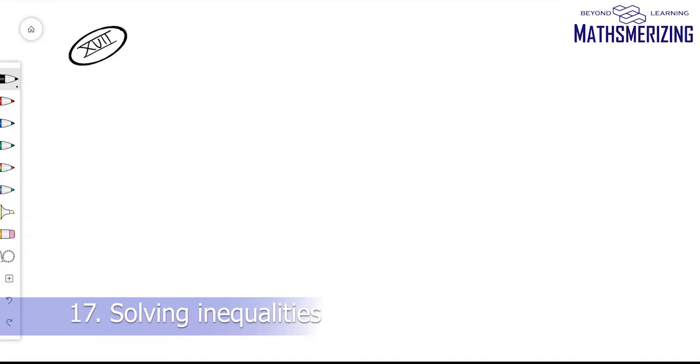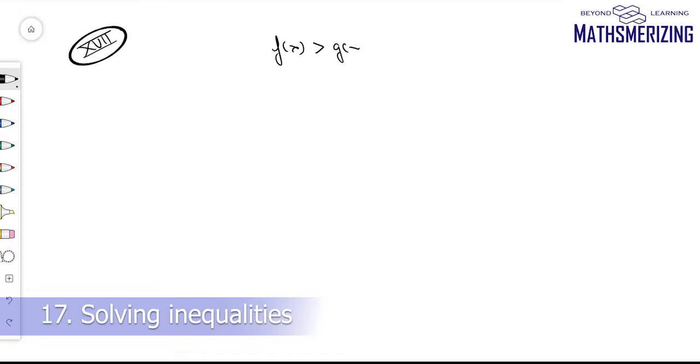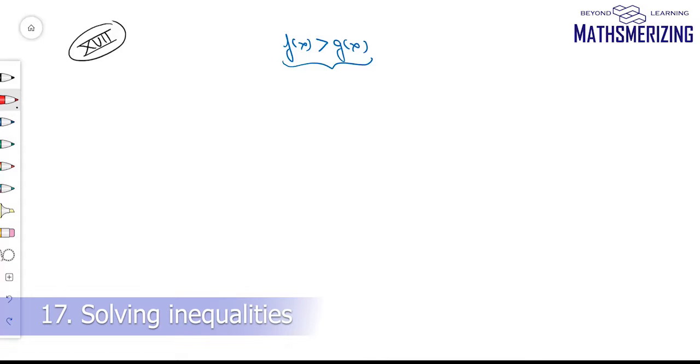Now the 17th application of graphs is the solution of inequalities. Suppose I have an inequality which says f(x) is greater than g(x). One way of doing it can be, I can draw the graph of f(x), and I can draw the graph of g(x).